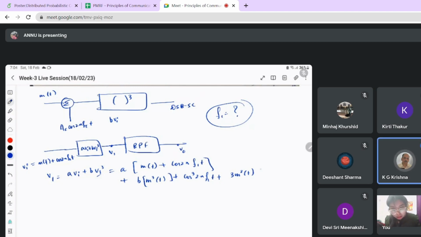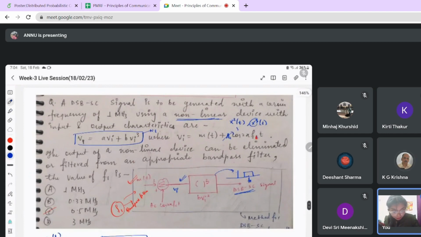Madam, the message is m(t) plus cos 2 pi FCT, right? I'm not able to see. No, it's F1T, sir. It is written in the question. It is F1T. Okay. So the information given is Vi equals m(t) plus cos 2 pi F1T. The question itself asks about the filter. Here the value of FC and F1 is the same.